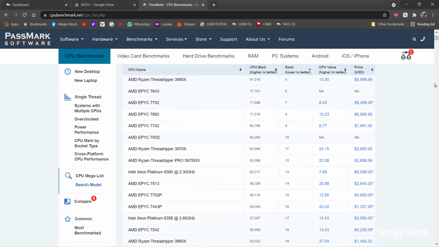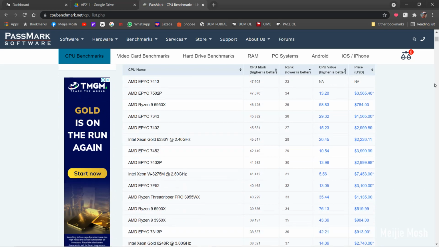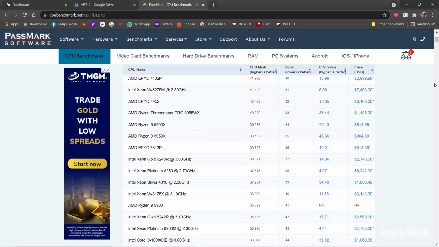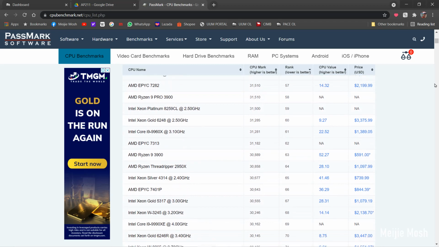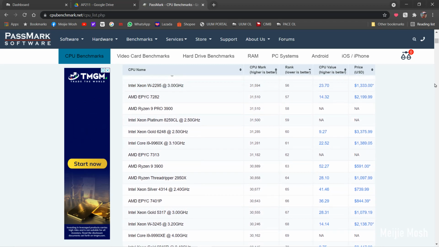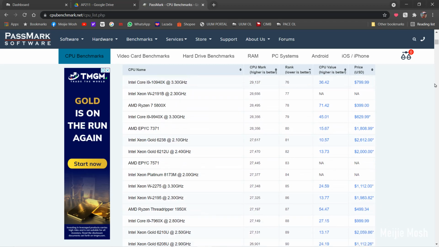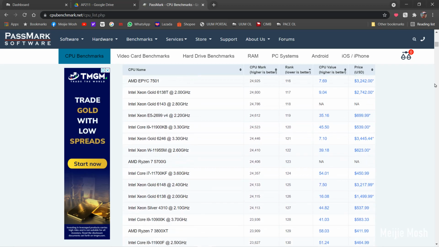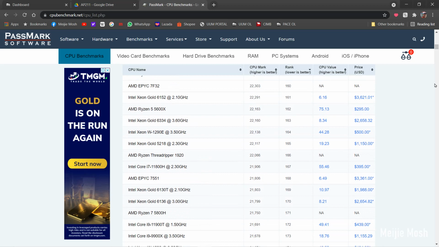We have Intel Xeon Platinum, Intel Xeon Gold, Intel Core i9, Intel Core i7, AMD Ryzen 5.